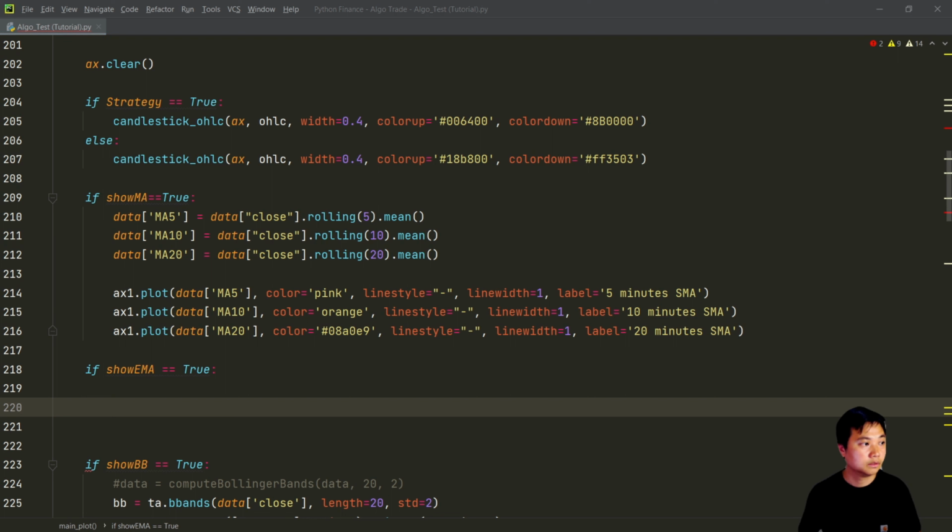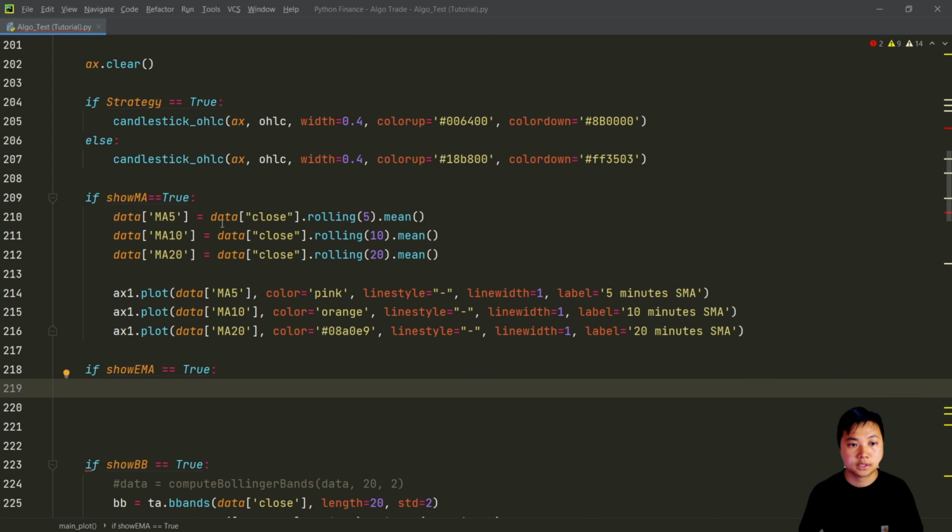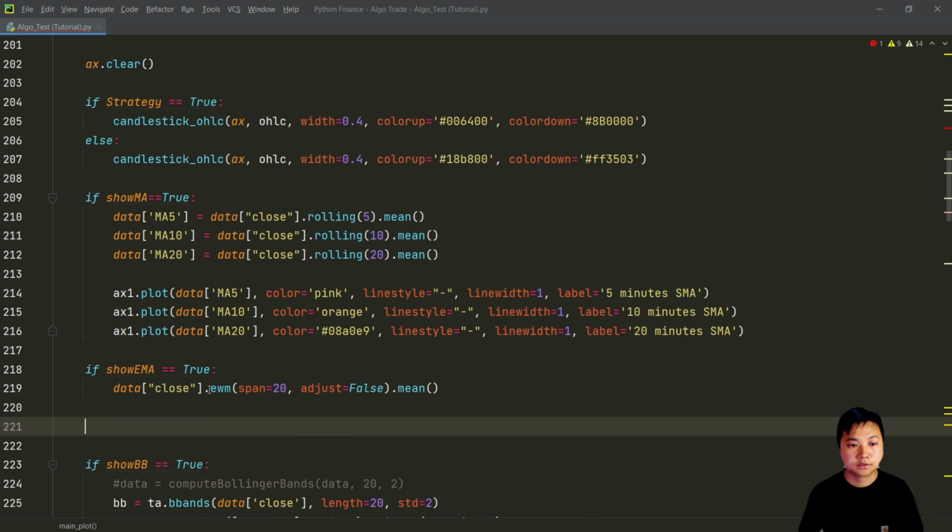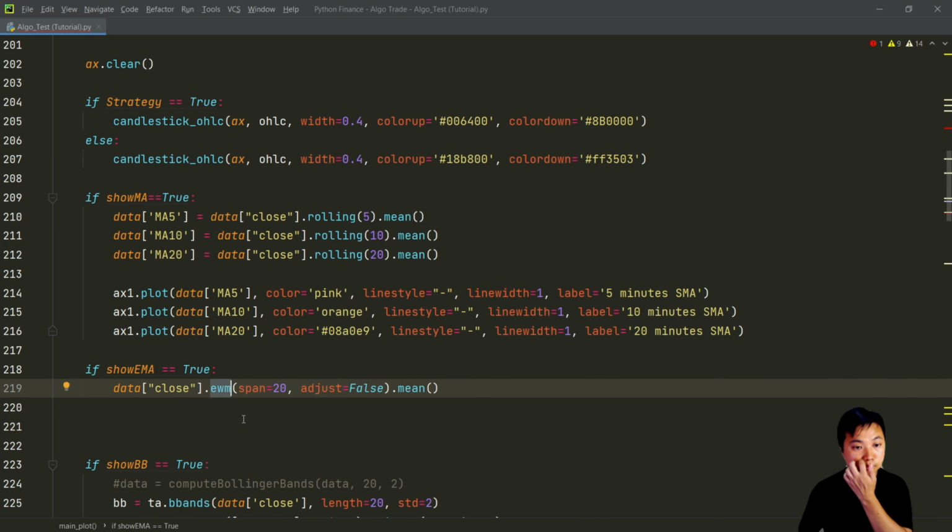And then to calculate the EMA, again, we are using the closing price. Pandas already has an exponential weighted moving average function that allows us to do so.